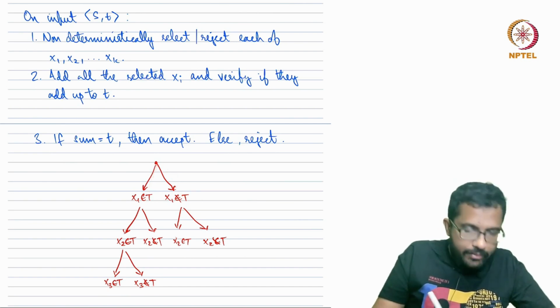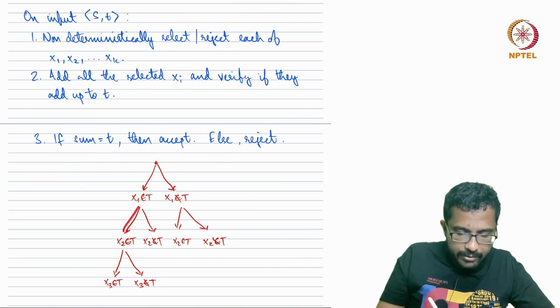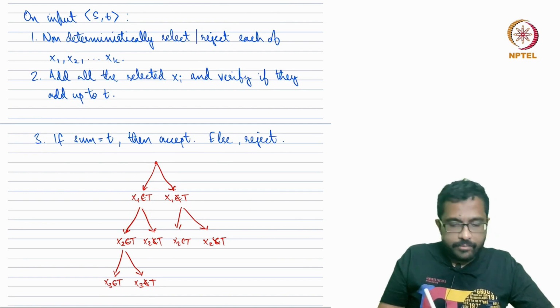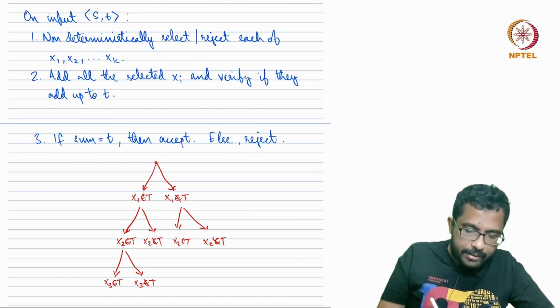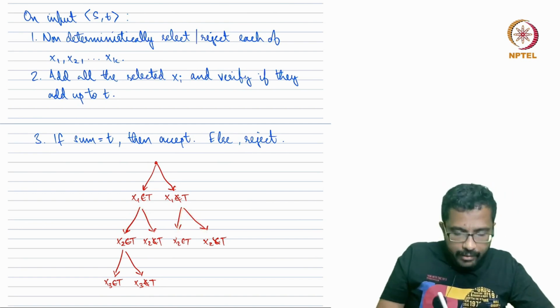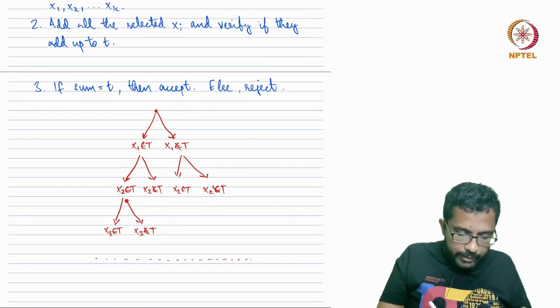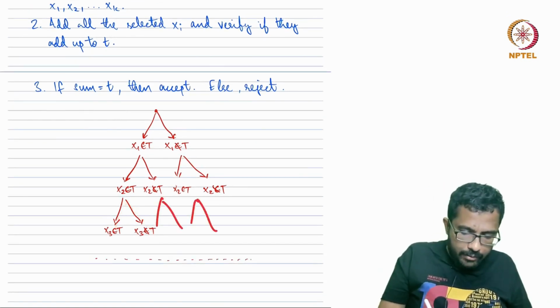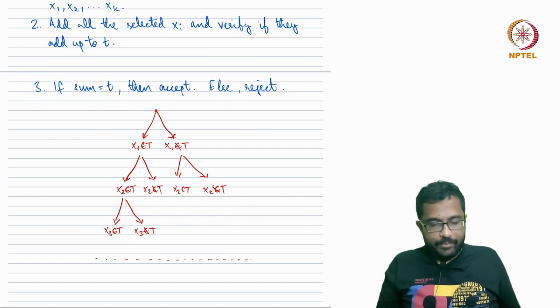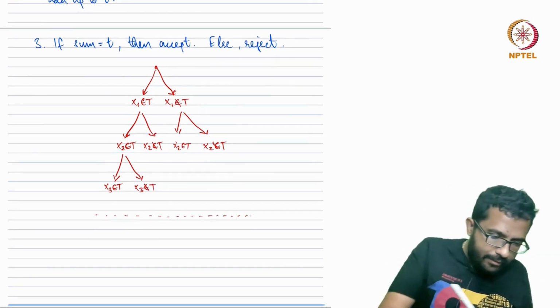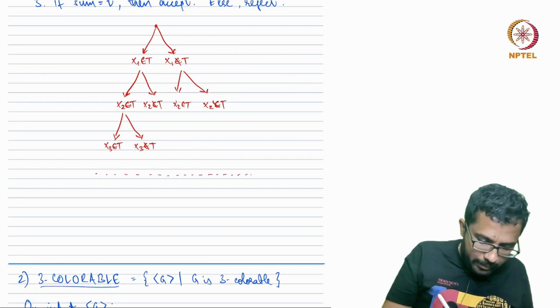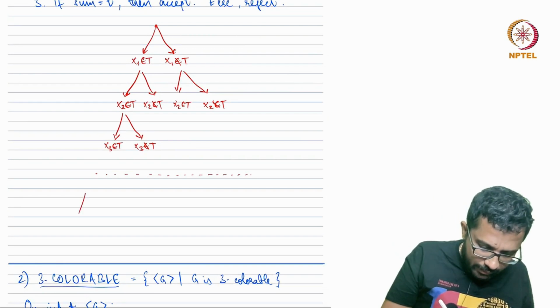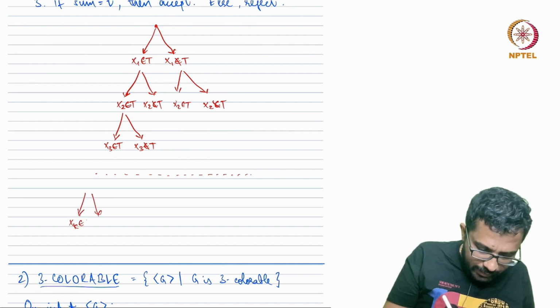Whichever way we go, we decide to include x2 or exclude x2. Even if we exclude x1, we have the same two options. Then whichever way we go, we decide to include x3 or exclude x3, and so on. We keep building this tree, and at the end we ask the question, should we include xk or exclude xk?